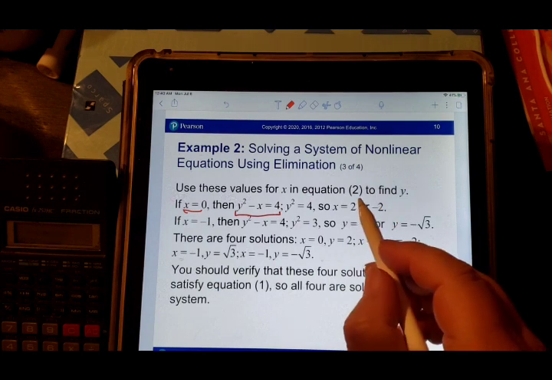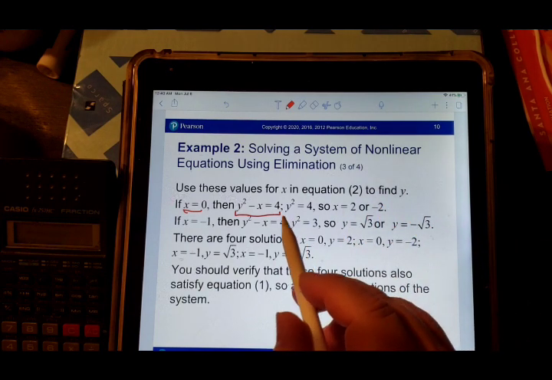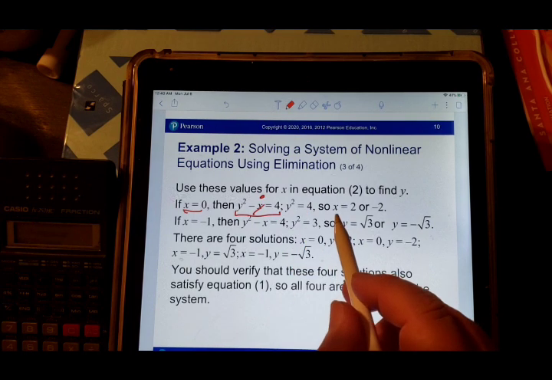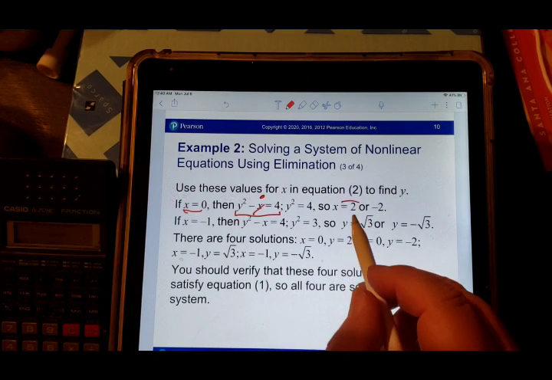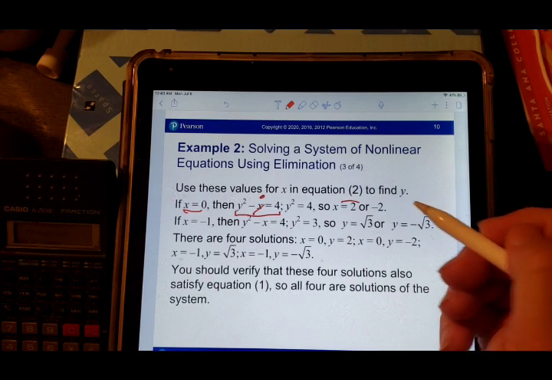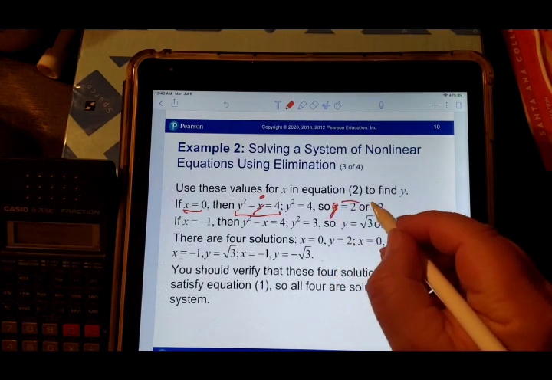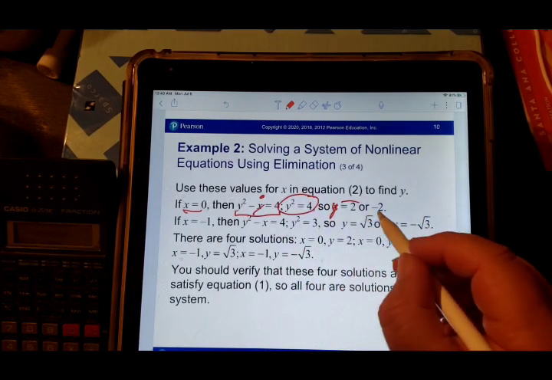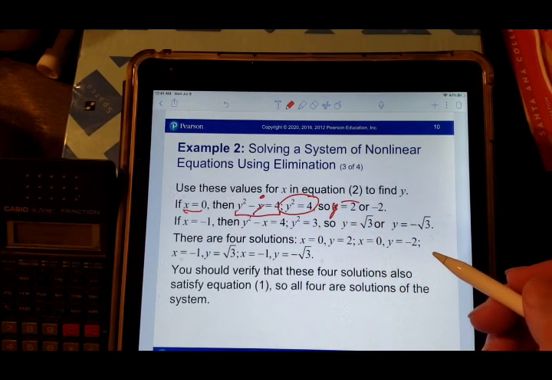They're using equation 2, which is fine. X is 0, so you just get y squared equals 4. So that should say y equals plus or minus 2. Just solving y squared, y equals plus or minus 2.